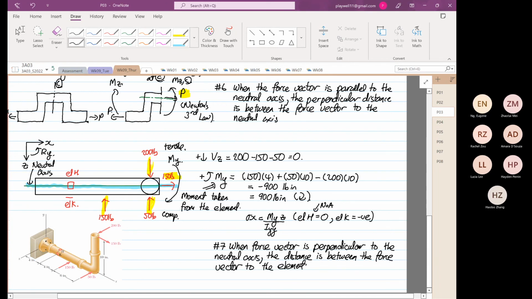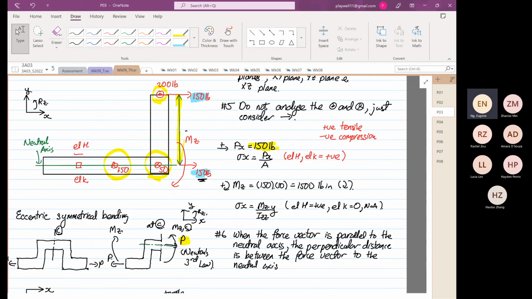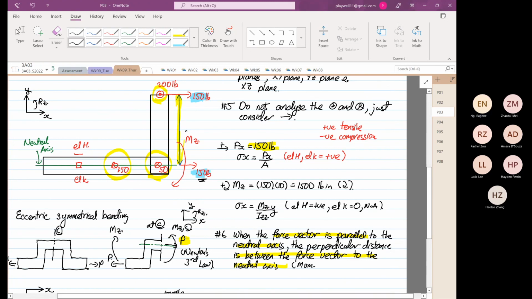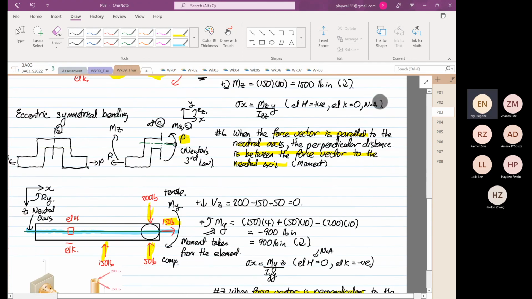So it's different. Whereas the one earlier, shown down here, when the force vector is parallel to the neutral axis, the perpendicular distance is between the force to the neutral axis. So this is for the moments, when you are taking a moment.